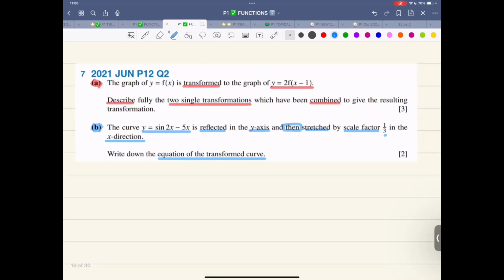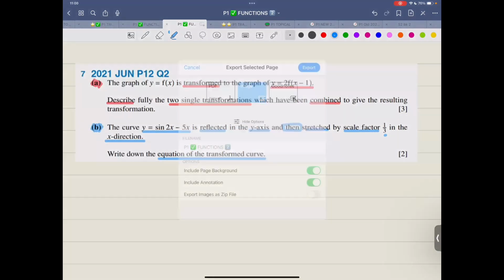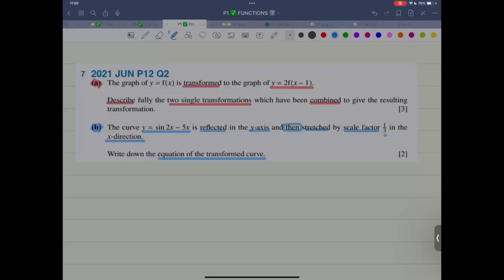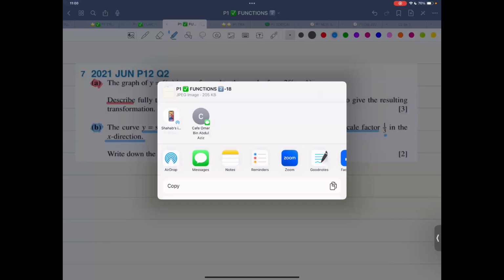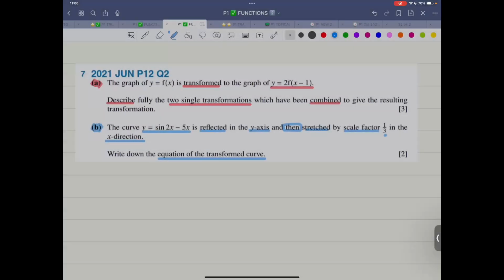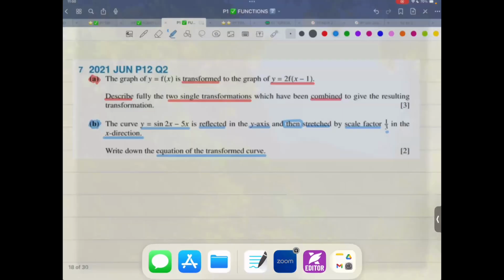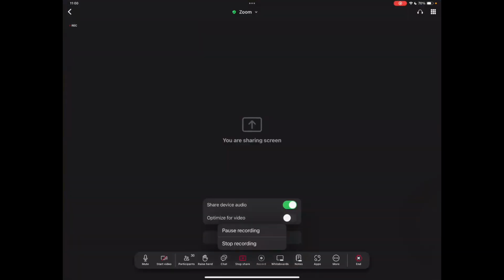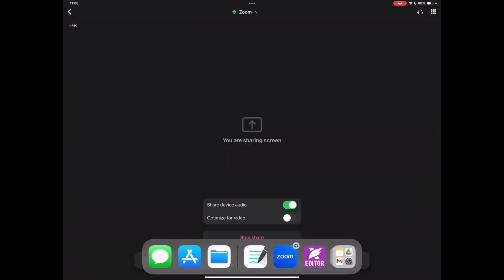So let me share this with you, so that you can try this particular page out. There are 2 things over here. One is about description, one is about the equation. So let me just pause the recording.